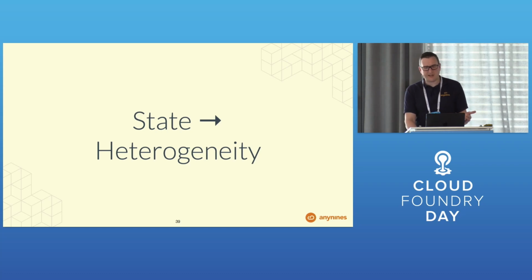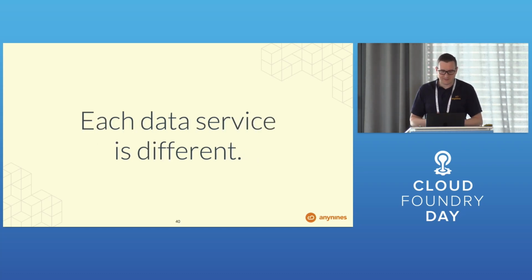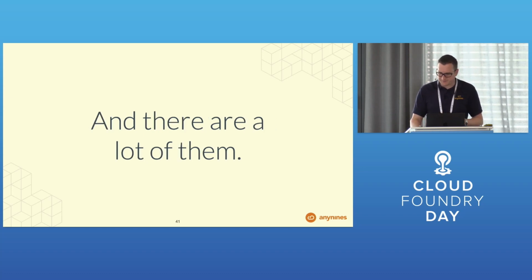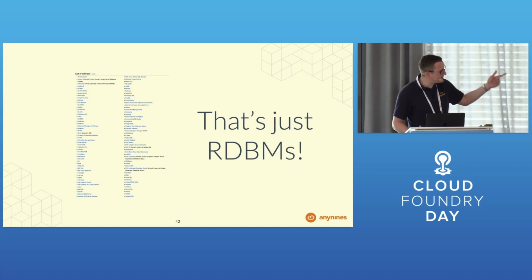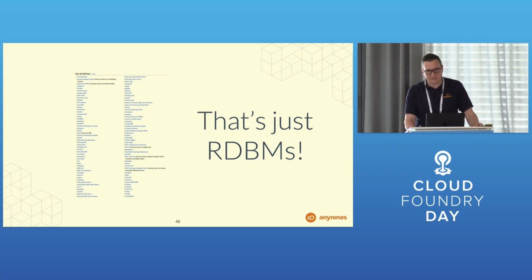So state leads to heterogeneity in data services because they all do things a bit differently. However, there are commonalities. But if you look at this list of databases, and this is just relational database management systems, you can already get the magnitude of this. So usually organizations using Cloud Foundry don't have that number of data services because integrating them in Cloud Foundry requires time.